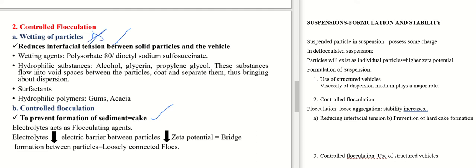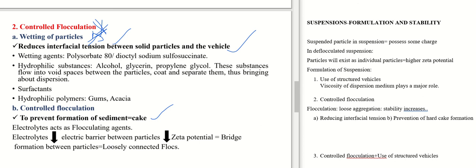Wetting agents, for example polysorbate 80, hydrophilic substances, surfactants, and hydrophilic polymers, are all used to reduce the interfacial tension between the solid particles and the vehicle. That is how we can improve the wetting nature of a particle, and each dispersed particle will be wetted by the dispersion medium and will be able to have some attractive forces between the particles to undergo flocculation. So the first stage is to improve the wetting nature of the particle.